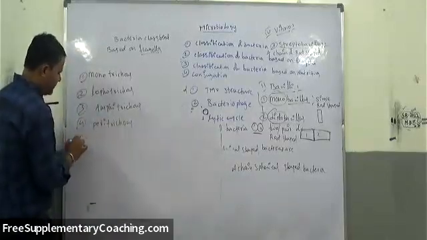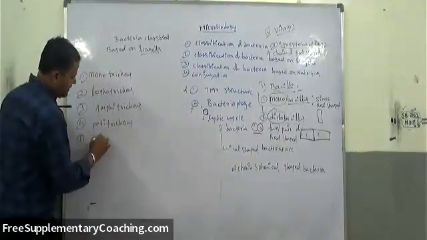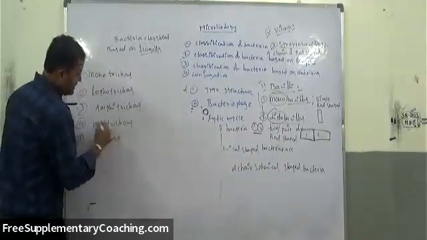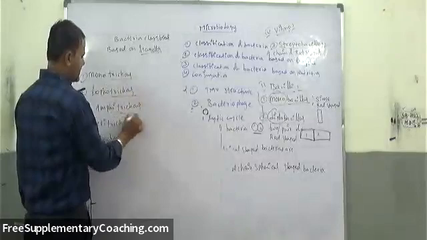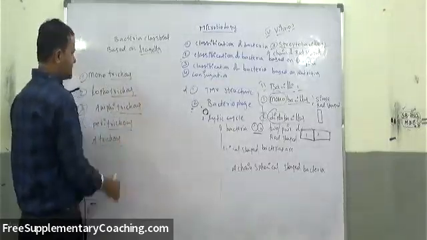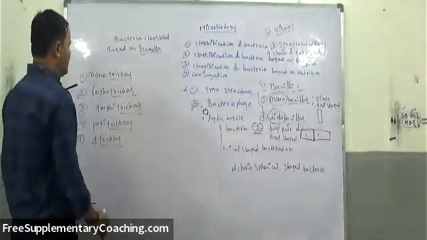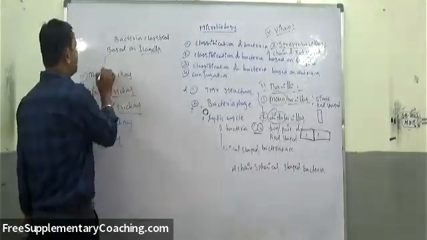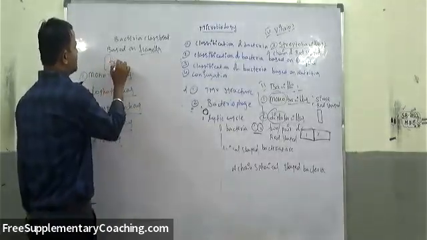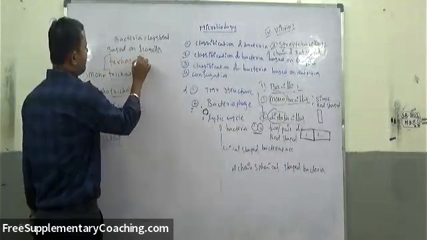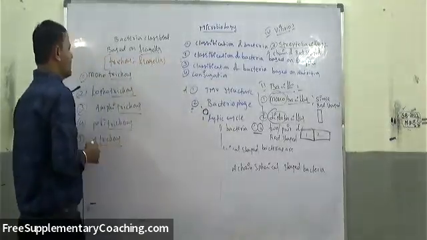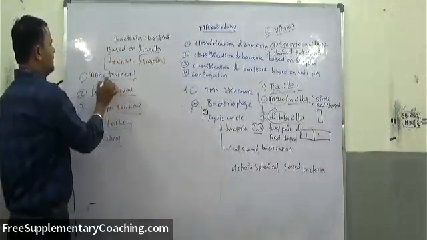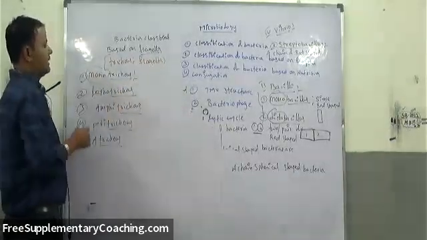Then the fifth one is atrichous. See here, trichous, trichous. Trichous is nothing but flagella. Note down here in the bracket: trichous means flagella.